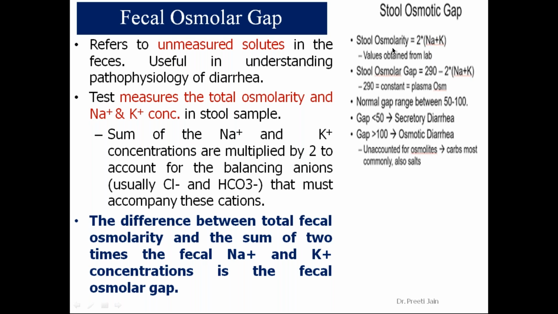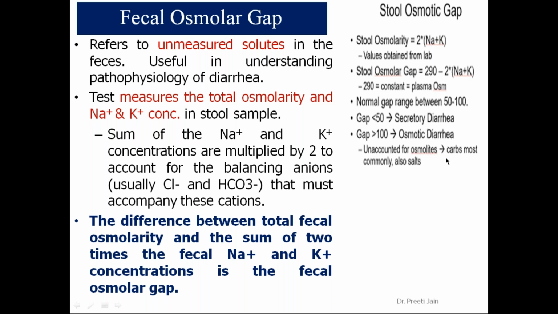You take 2 times the sum of sodium and potassium concentrations and subtract this from 290, which is the plasma osmolarity, and you get a gap in the range of 50 to 100. If it is less than 50, it is secretory diarrhea, and if it is more than 100, it is osmotic diarrhea.